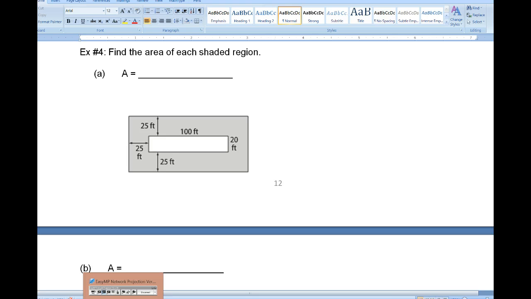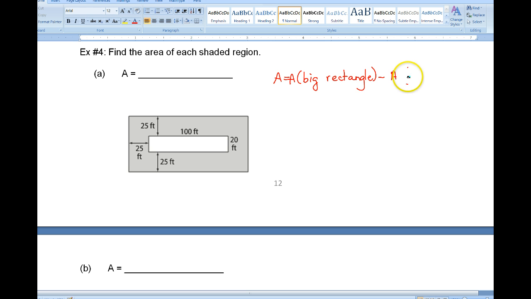You could do the big rectangle minus the little rectangle. Do you want to do that? Okay, so we're going to do 25 by 150. The big rectangle, what are the dimensions? 70 by what?